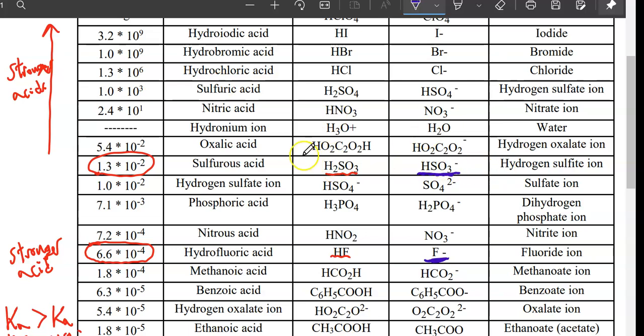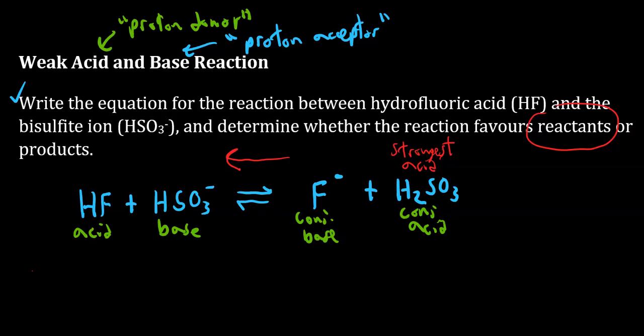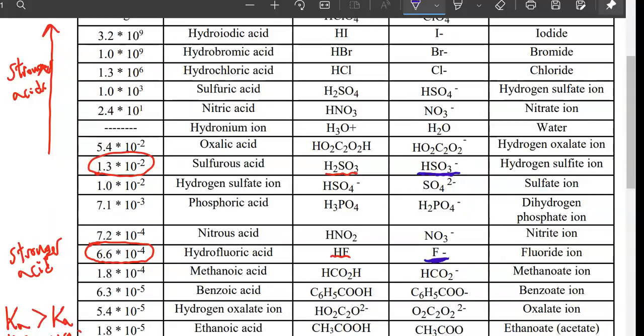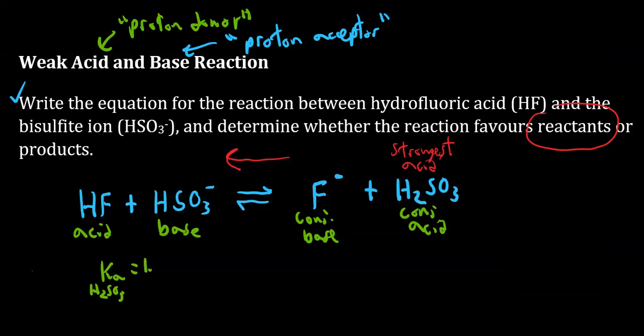In order to know the Kb, we find out what the Ka is of the conjugate acid. This is the conjugate acid, and this is the Ka. So the Ka of H2SO3 is 1.3 times 10 to the negative 2.